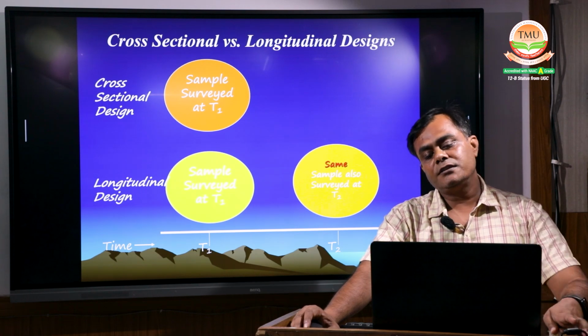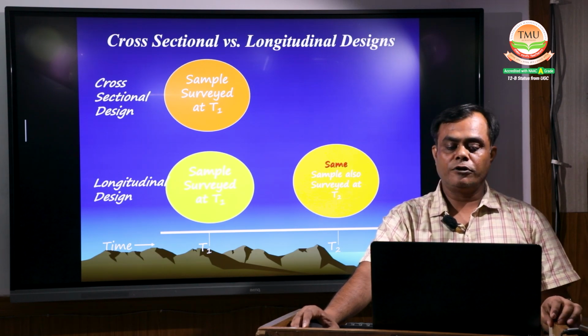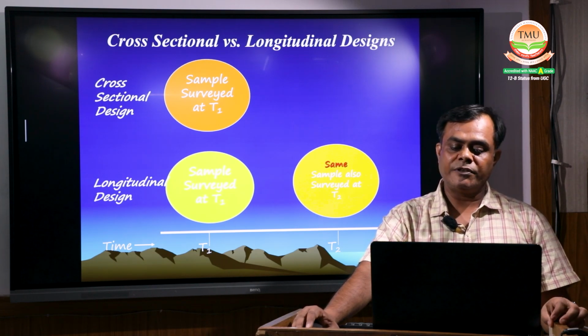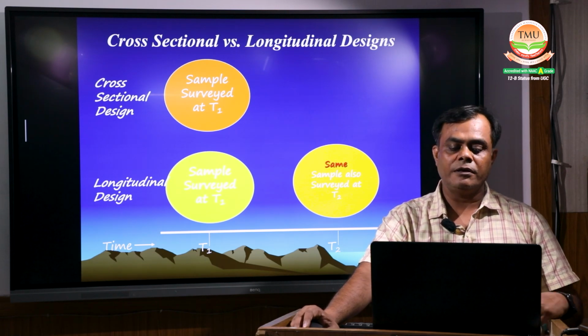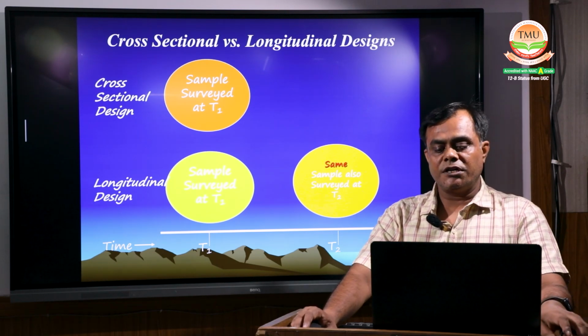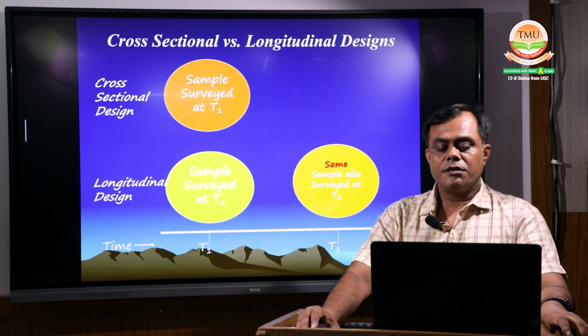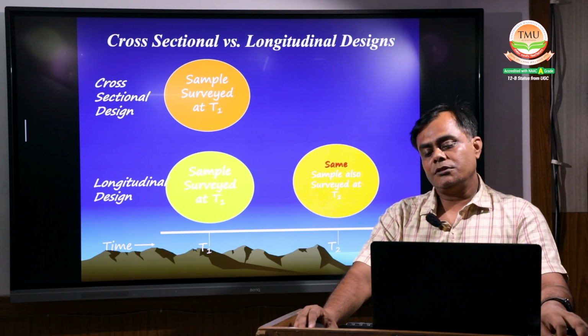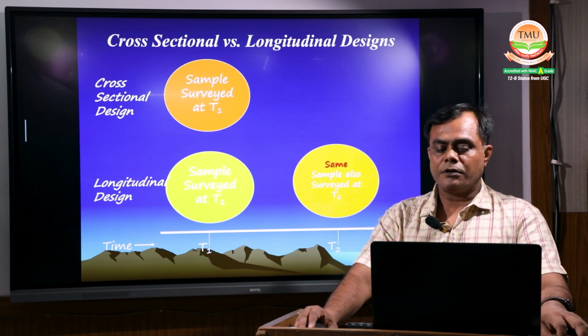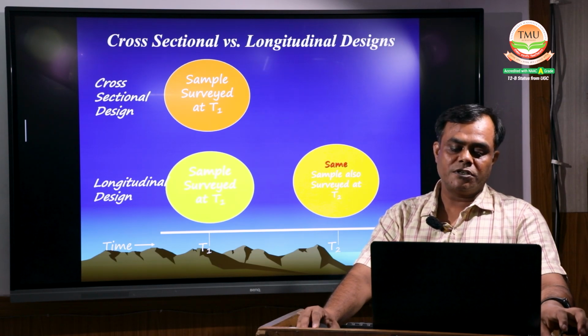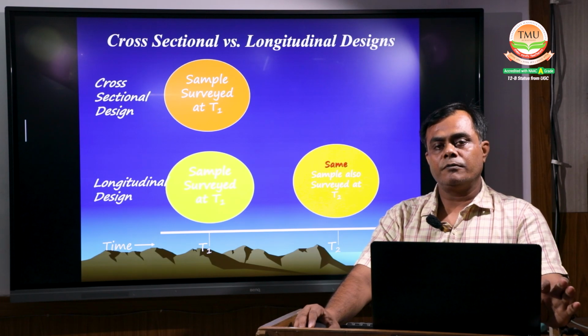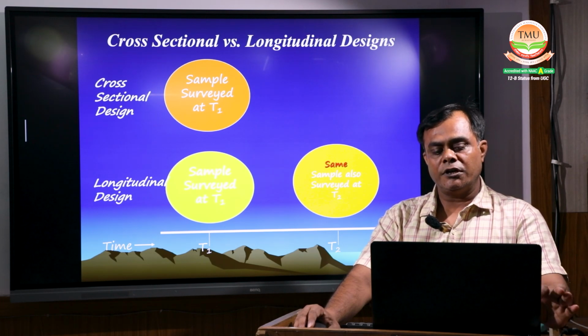For example, in health studies, we follow patients over time to observe the progress of diseases, the impact of treatment or the development of risk factors. In psychological studies, research tracks the development of cognitive, emotional or social behavior from childhood to adulthood.